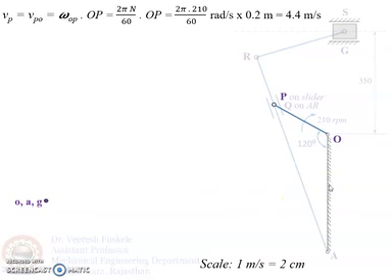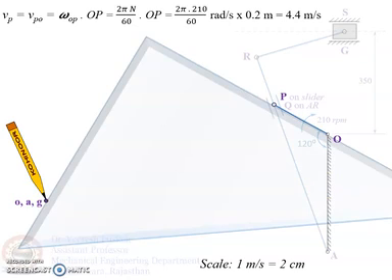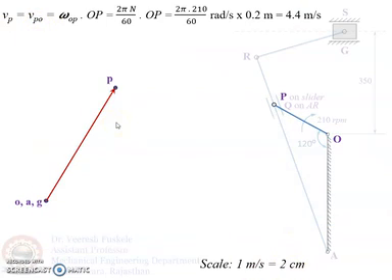For this, we'll place a set square on the link P such that the other perpendicular side of the set square passes through the point O in the velocity diagram. So we'll make a vector OP of length 8.8 centimeter as per the scale, which will be representing the velocity of P relative to O.